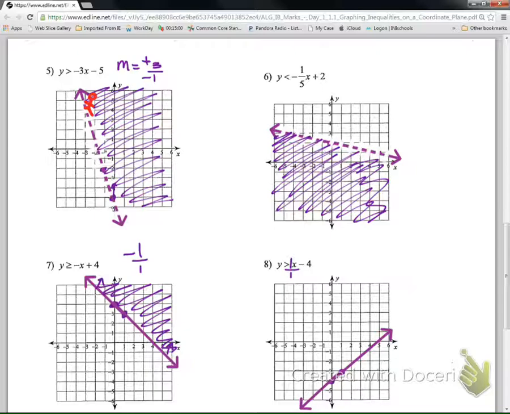Because it does not have the or equal to sign, we have to dash our line. And because the inequality says greater than, that means as we go up on our y-axis, so this is the area that you would shade, everything that's above our line.